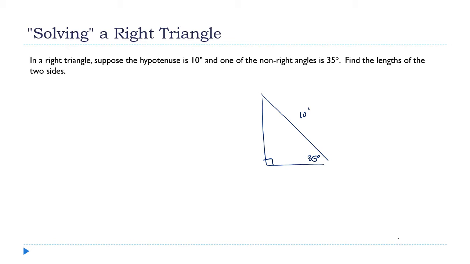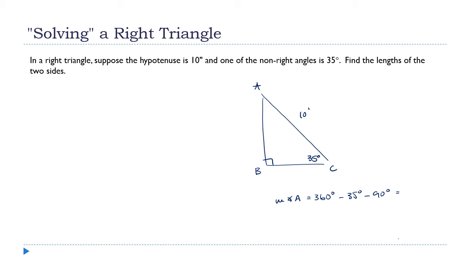All the angles in the triangle add up to 360 degrees, so let me label these A, B, and C. So the measure of angle A must be 360 degrees minus angle C, that's 35 degrees, minus angle B, that's the right angle, so that's 90 degrees. 360 minus 90, that's 270.